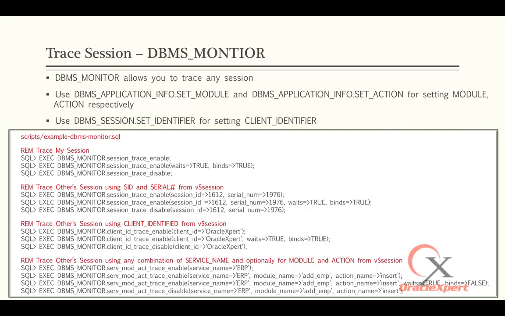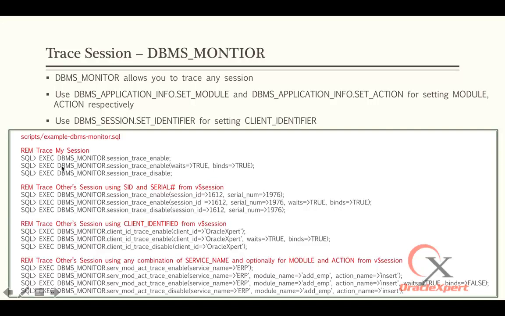So a good developer, I reiterate, would always like to make use of DBMS_APPLICATION_INFO for code instrumentation, and he would use set module, set action, set client identifier as best practices while coding. Now what I'm going to run through is what if I would like to trace my own session using DBMS_MONITOR.